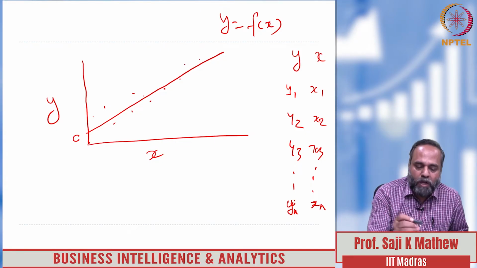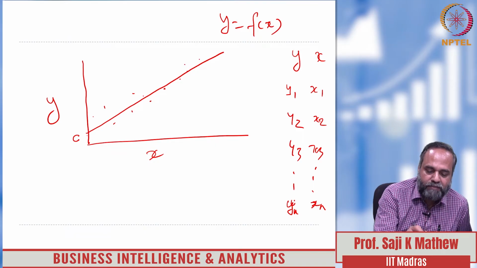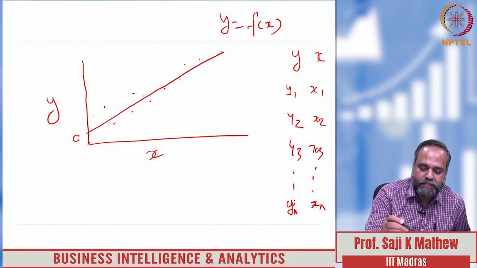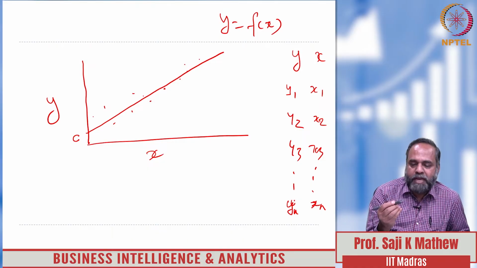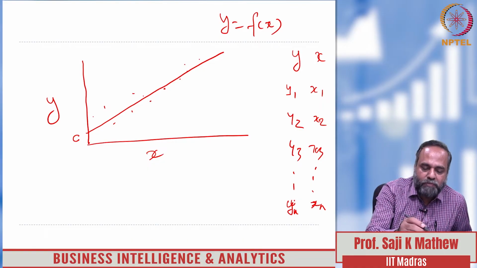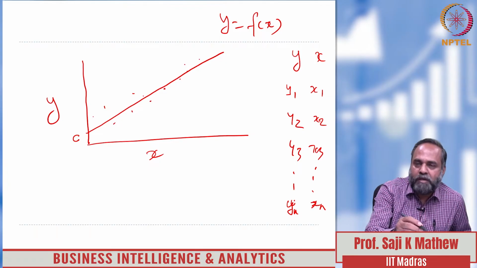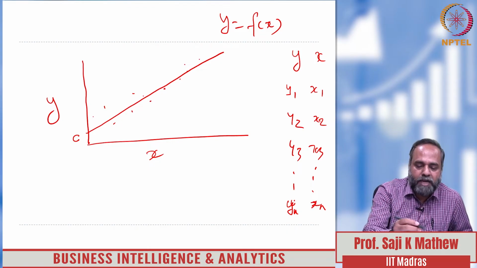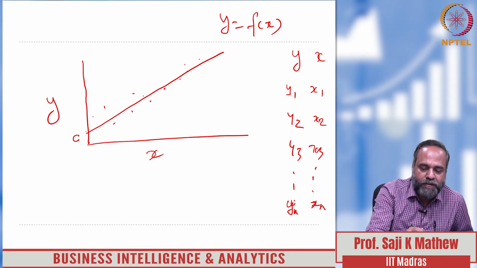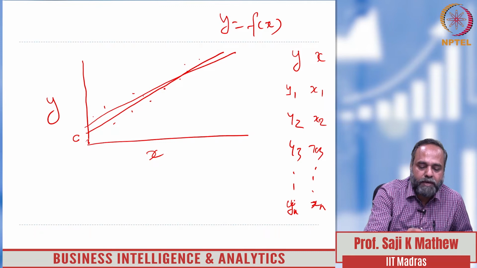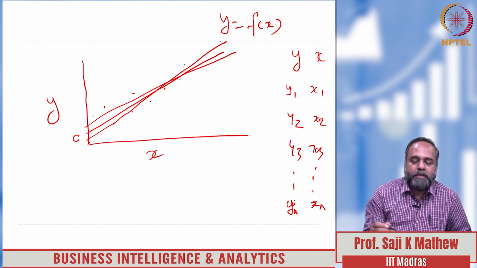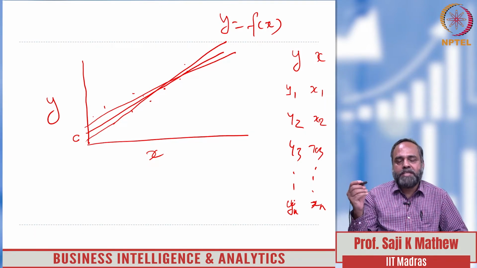When I try to draw a line like this, I am using my imagination. Well, this is the best line I can draw. Somebody else from the class can come and draw a line which is different from what I draw, maybe like this. Then we have a problem: which line is the best line, or which line should be plotted?